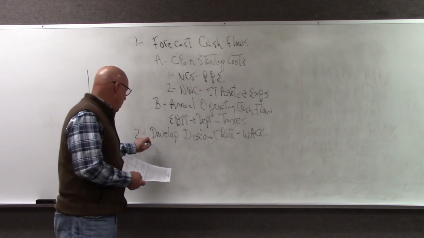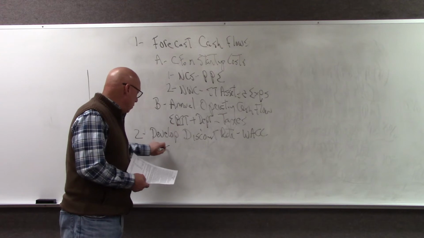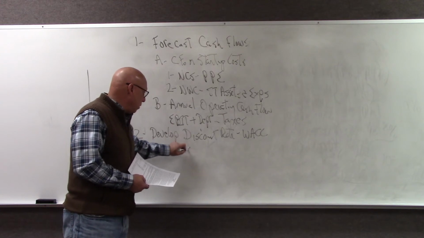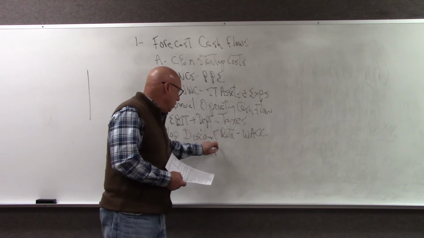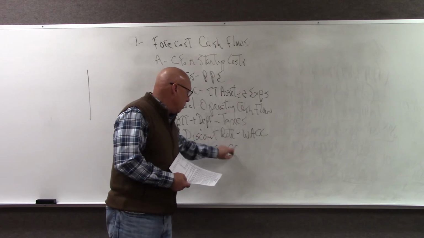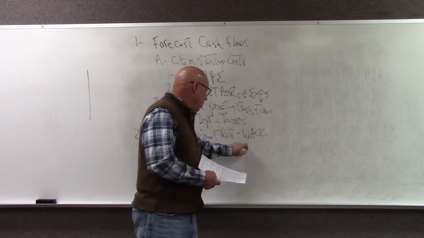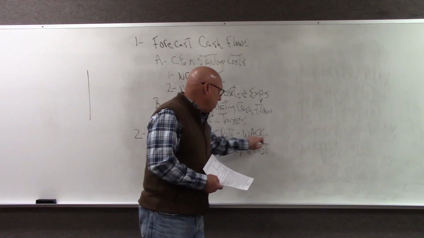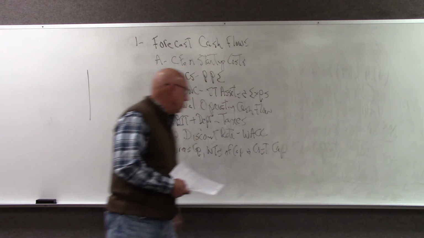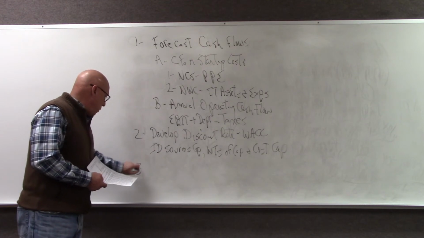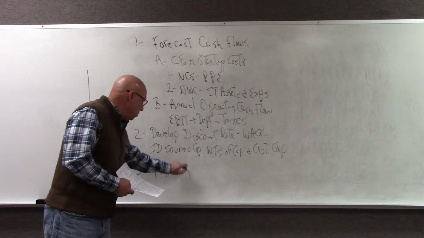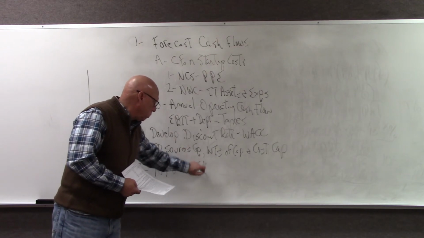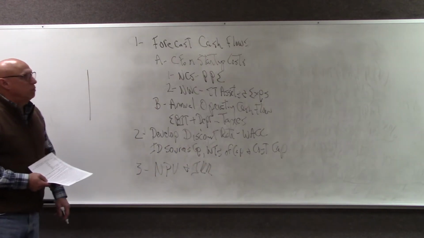And to do that, you have to identify the sources of capital, the weights of capital, and the cost of capital. The third thing you have to do then is your net present value and your internal rate of return.